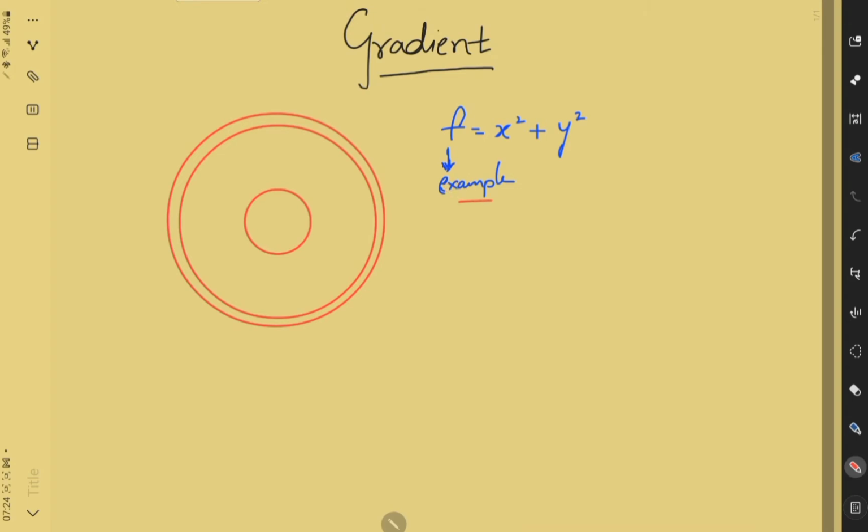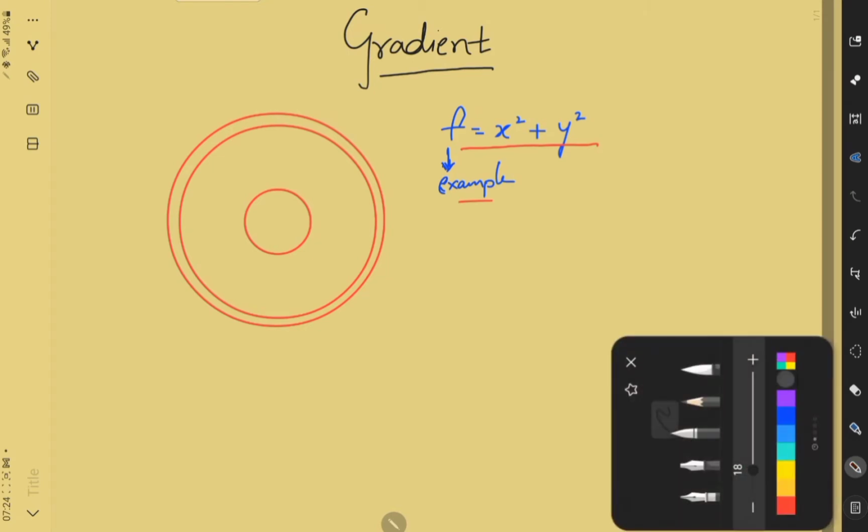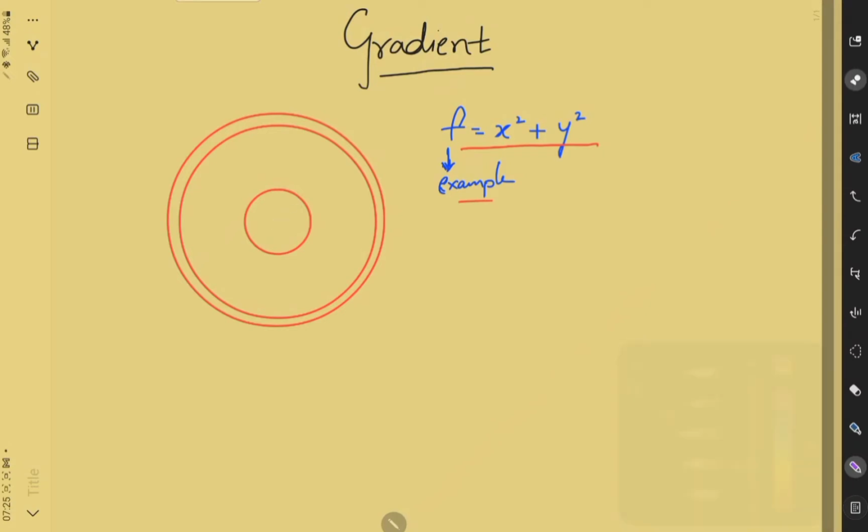Let us say, for example, this is our given function. So what is the gradient of this function? Since f is equal to x square plus y square, let us draw our x-axis and y-axis.